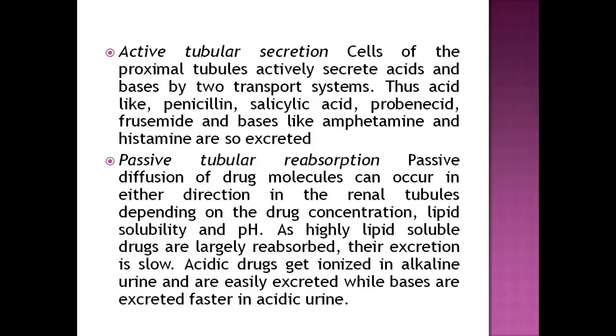In passive tubular reabsorption, passive diffusion of drug molecules can occur in either direction in the renal tubes, depending on drug concentration, lipid solubility, and pH. As highly lipid soluble drugs are largely reabsorbed, their excretion is slow. Acidic drugs get ionized in alkaline urine and are easily excreted, while bases are excreted faster in acidic urine.